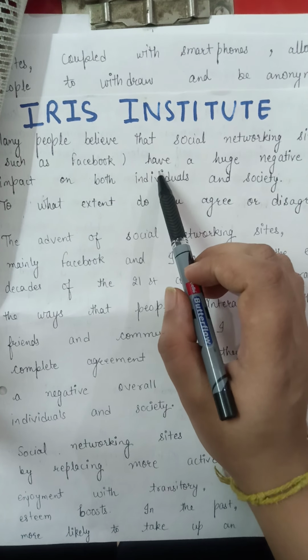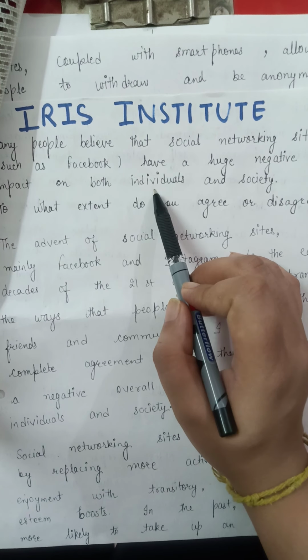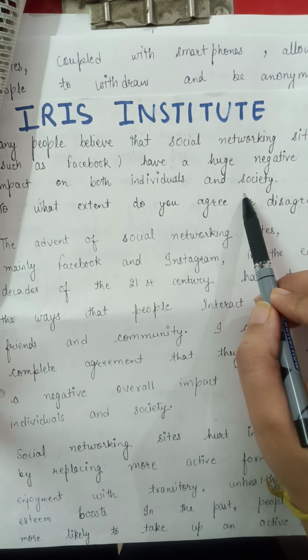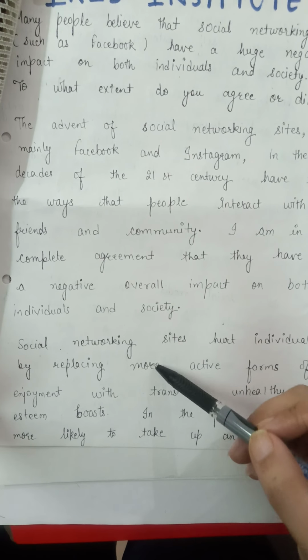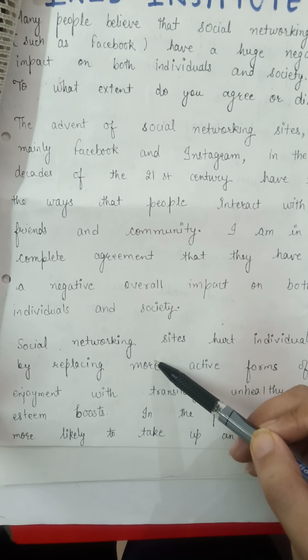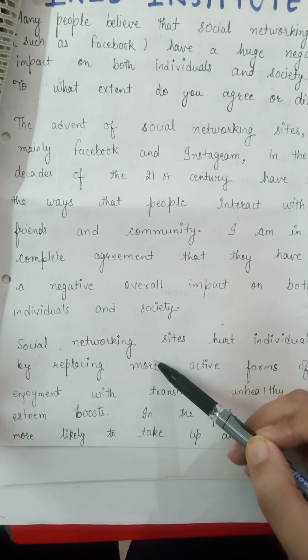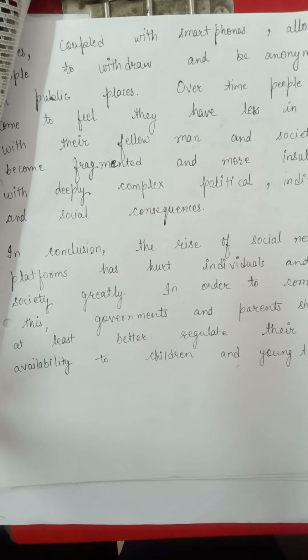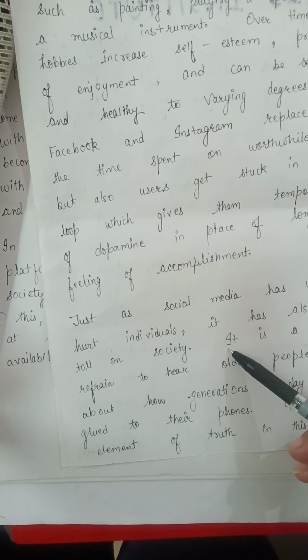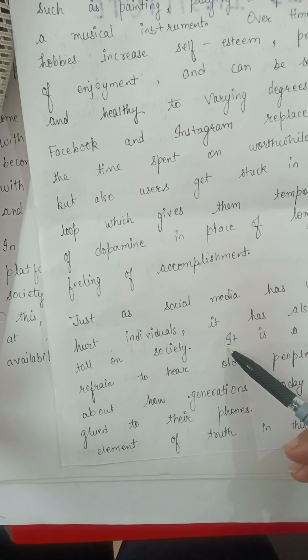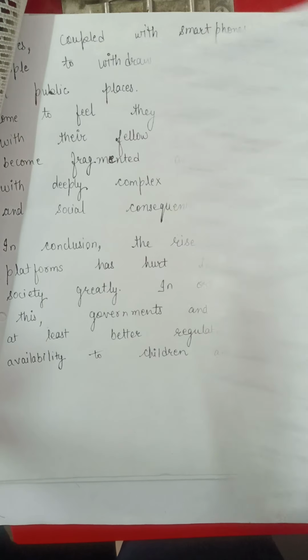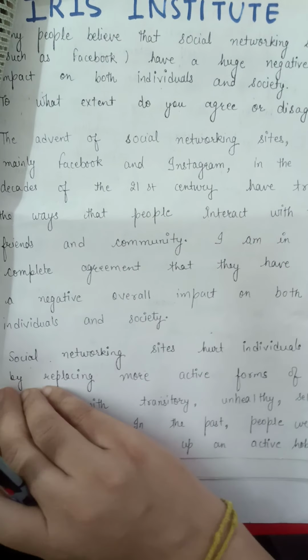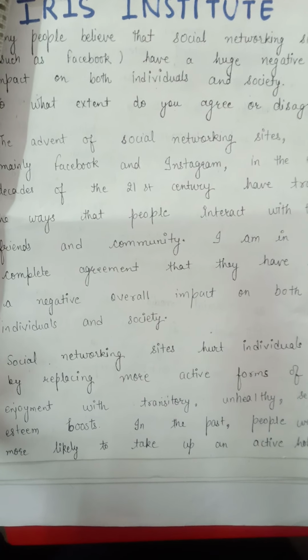Today, look here. The question is given to you for individuals and society. Here I would write the negative impact of social networking sites on individuals in BP1, and in BP2 I would write the negative impact on society by social networking sites. So look here, how have I described it?